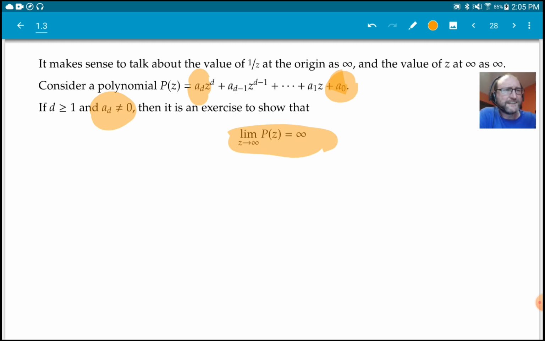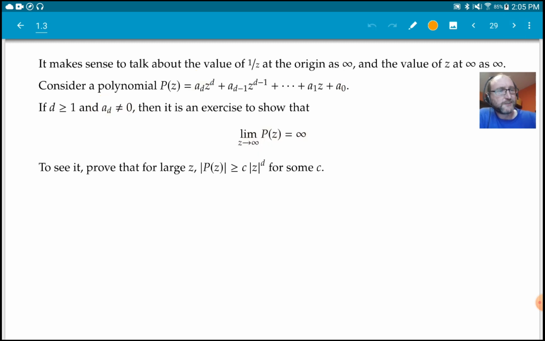That's a fairly standard fact about polynomials. You've probably seen a version of this in some undergraduate analysis, and the proof is exactly the same. It's an exercise, but a hint of how to do it is to first show an inequality for large z: I can bound this in modulus from below by c times mod z to the d.